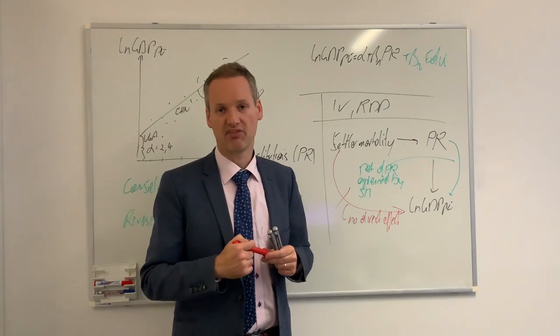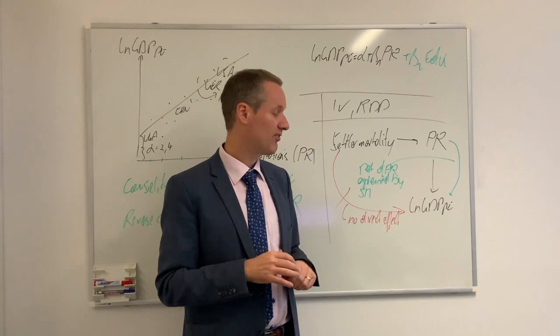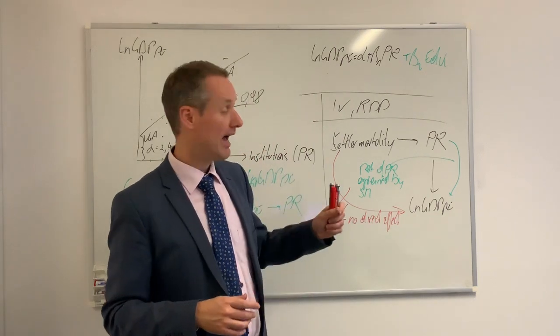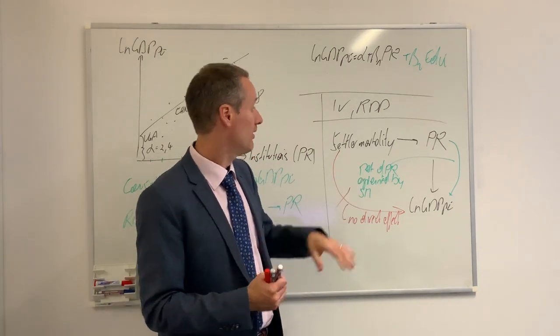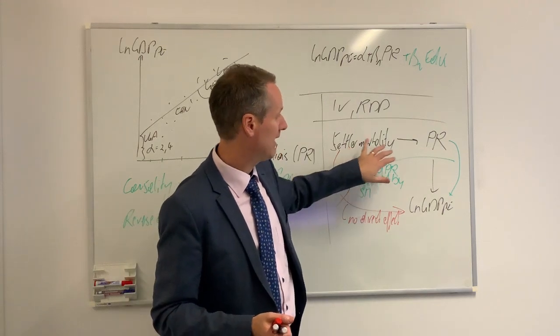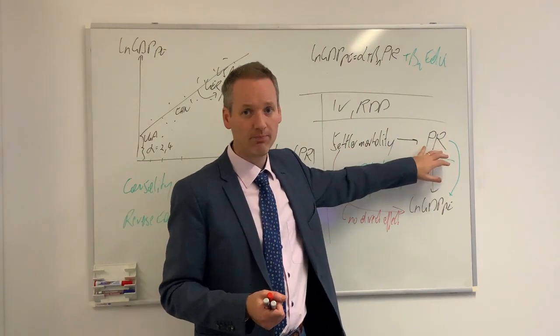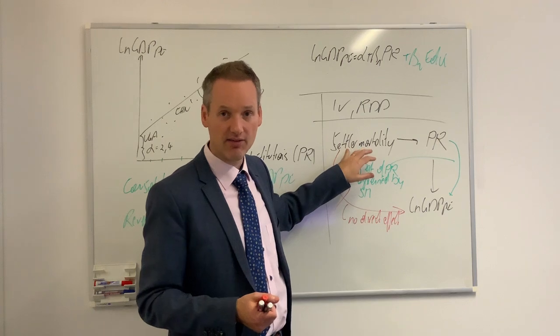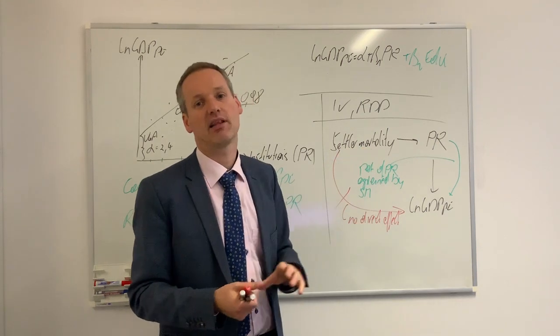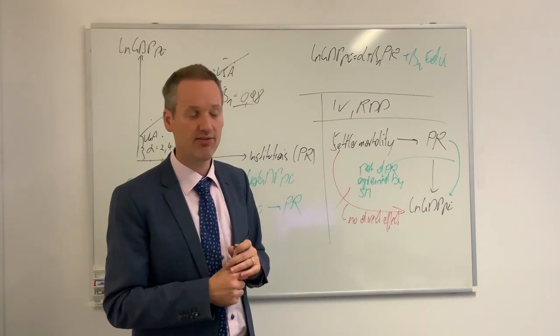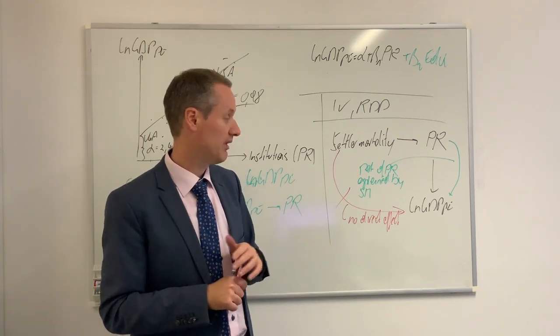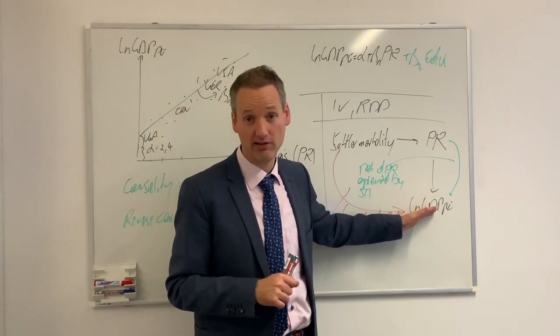This must also be an assumption. If I have this situation, then I can credibly claim that as settler mortality is explaining property rights, and as settler mortality is exogenous, the part of property rights that is being explained by settler mortality is then credibly causal to GDP per capita.